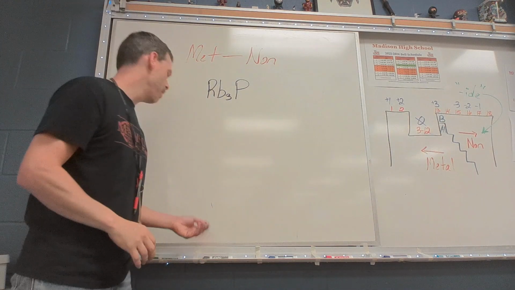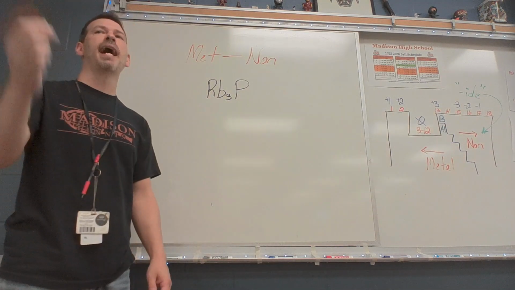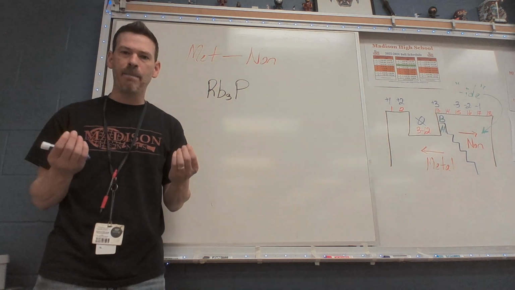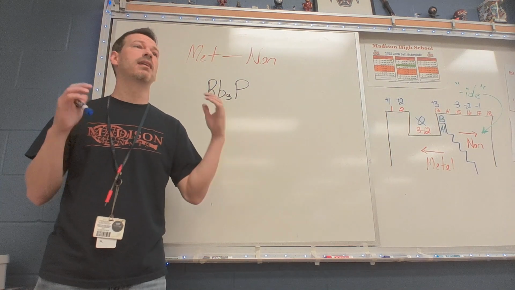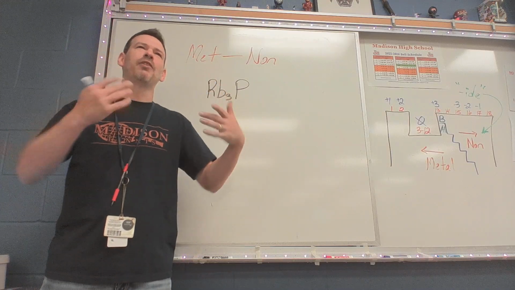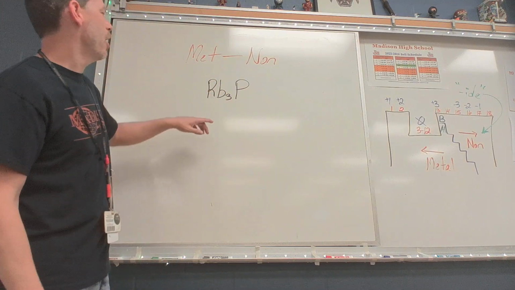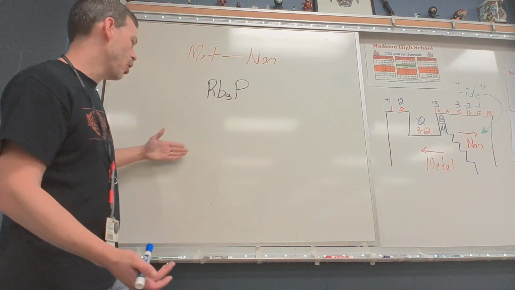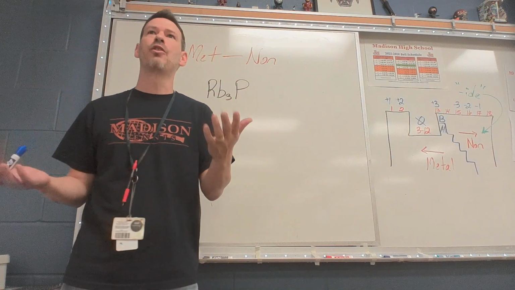All right, Rb3P. I know it's ionic because metal and non-metal, but it's my opinion that writing the words is a lot easier than writing the formulas because you don't have to do as much thinking through numbers. What I know is that when I'm writing an ionic name, there's always two words. You just need to find those words.